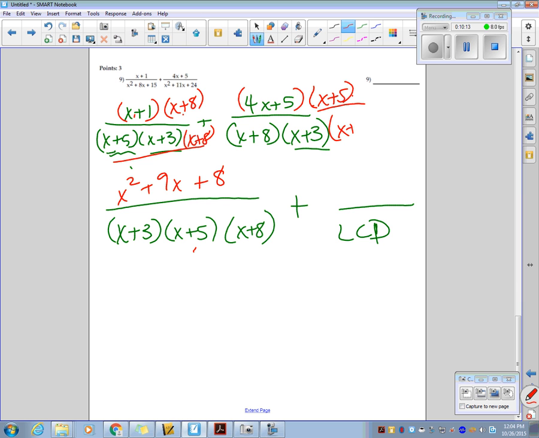And so I FOIL the top, and I get 4x squared plus 25x plus 25. And so when I put these together, I'm going to get 5x squared plus 34x plus 33 over this LCD.